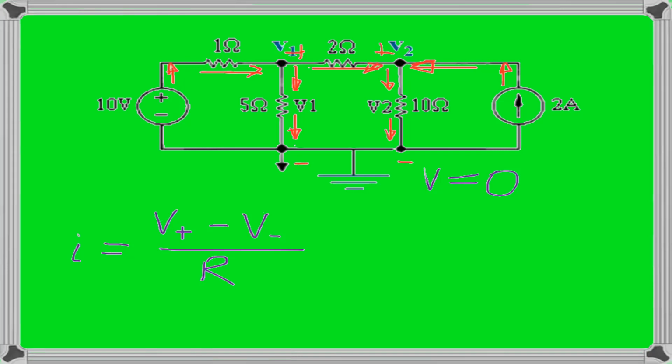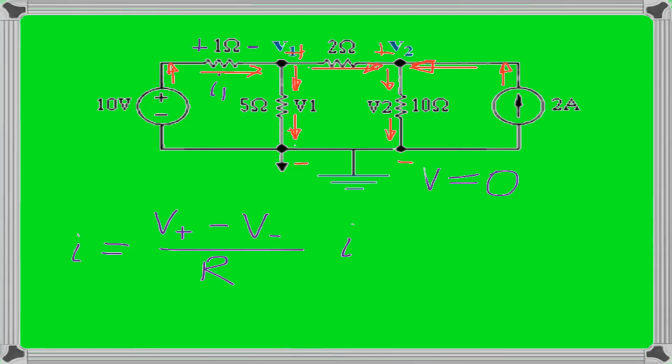We know that the current in the resistor flows again from high potential to low potential, in other words from plus to minus. So we can put plus and minus, and let's call this current I1.